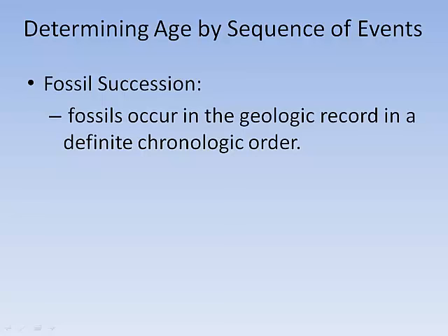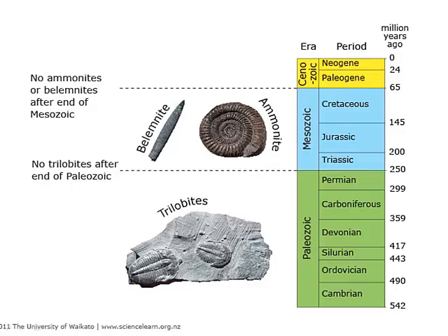And the last thing we're going to talk about is fossil succession. Fossils occur in a definite order in the geologic record. If we look, trilobites were really common a very long time ago, but then they disappeared.